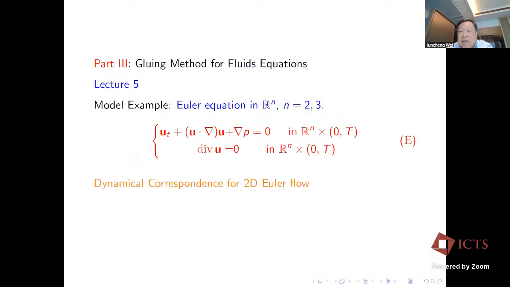I'm going to discuss in 2D how we use the GUI method to establish the dynamical correspondence, and in 3D, I will discuss how we can use the GUI method to give a rigorous construction of the Leray-Kolmogorov phenomena for the 3D Euler. So let's start with 2D Euler.